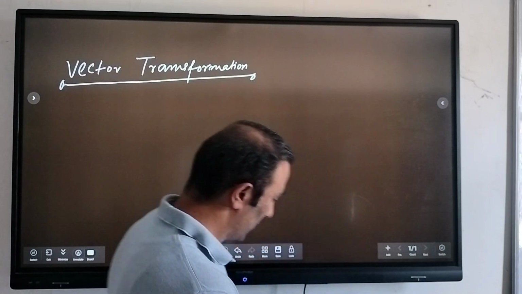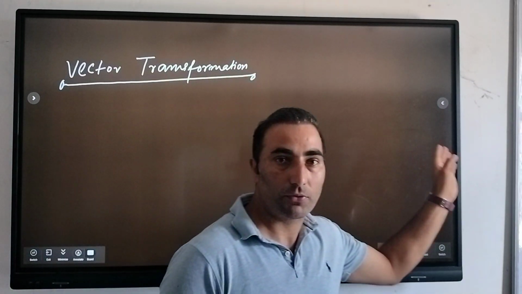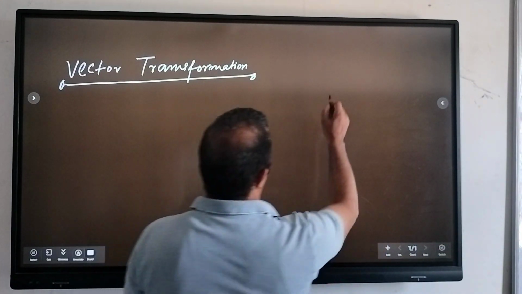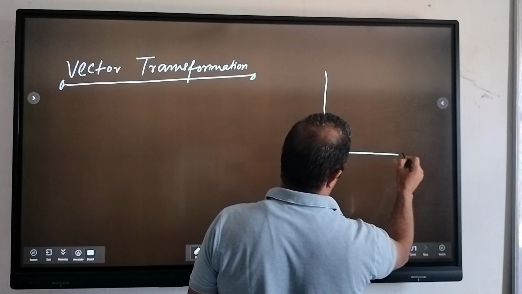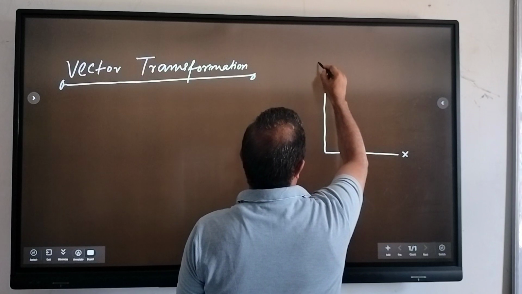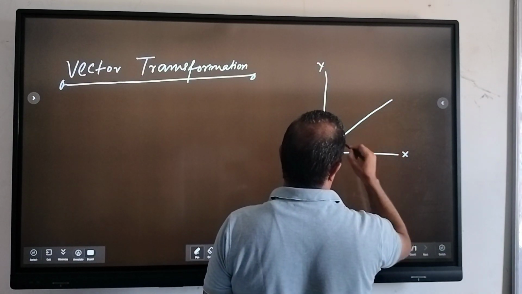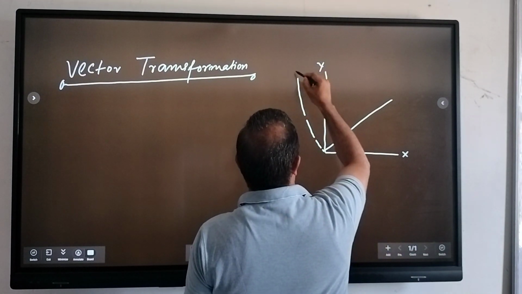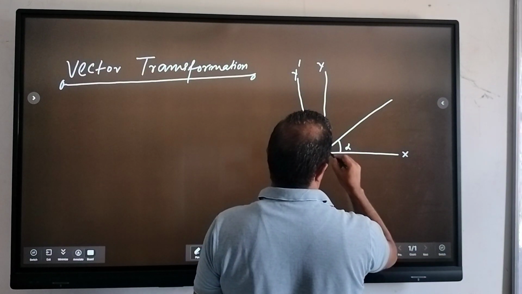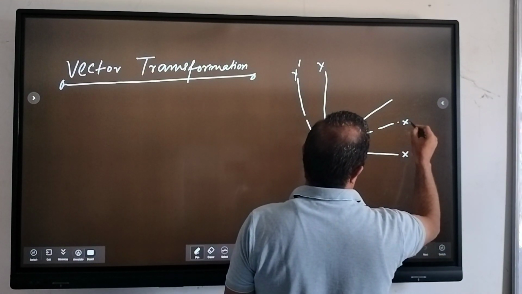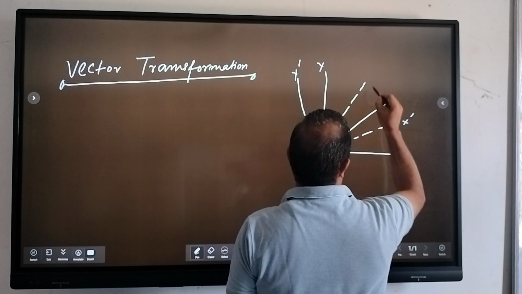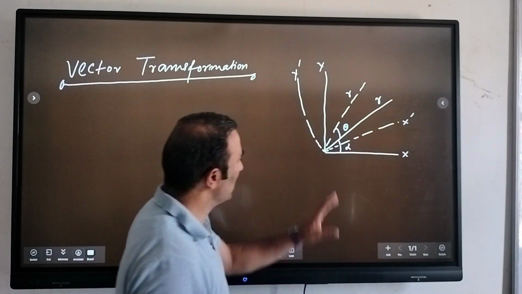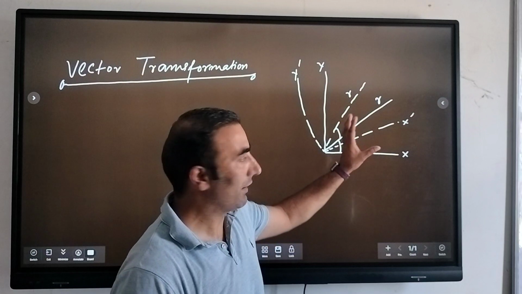If we do that vector transformation from some unprimed frame to a primed frame, let us consider that our vector lies in the xy plane and makes some angle alpha with the x-axis, and we rotate it by some angle theta.